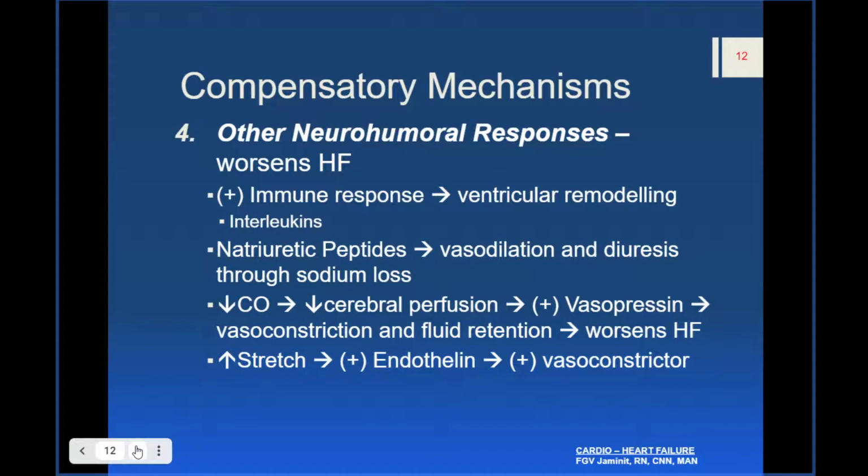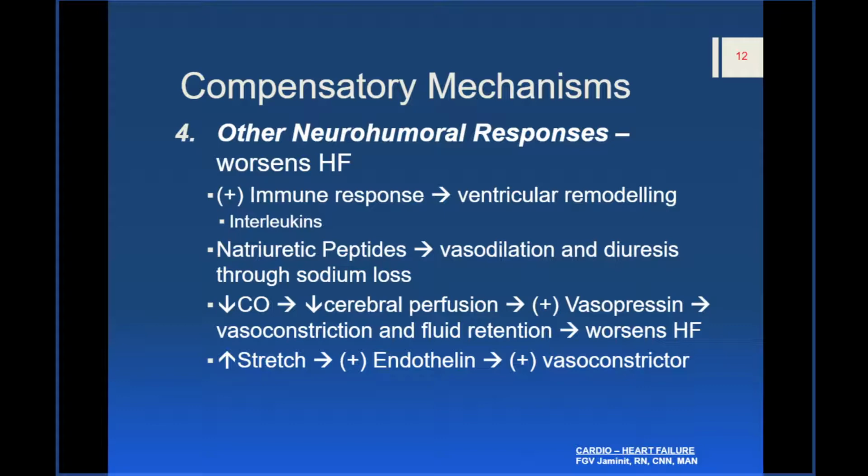There would still be other neurohumoral responses, such as the following, that worsen heart failure. First would be the immune response, wherein there would be a release of interleukins in the body. These interleukins supposedly aid in ventricular remodeling.